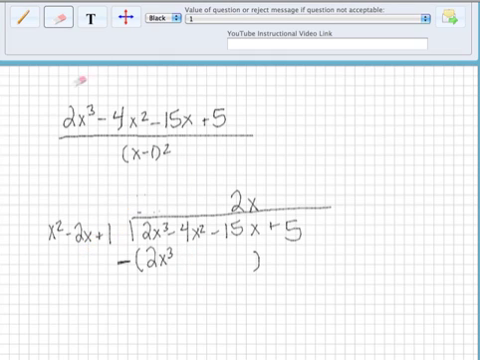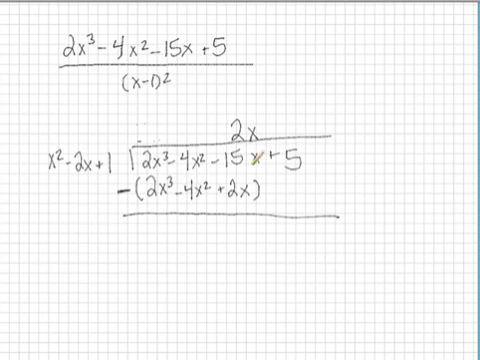My bad. 2x times negative 2x is negative 4x squared. And 2x times 1 is, of course, 2x. Okay. So this is just like regular long division.